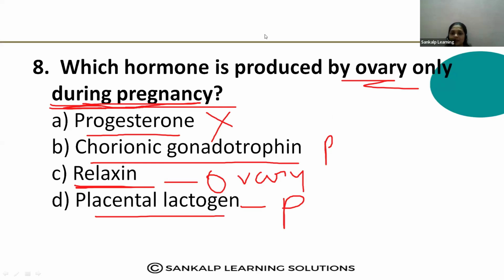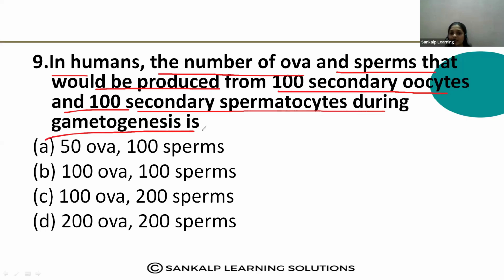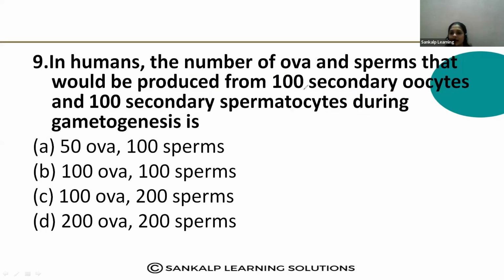Next question. Read the question properly. In humans, the number of ova and sperms that would be produced from the 100 secondary oocytes and 100 secondary spermatocytes during the gametogenesis is. Here, 100 secondary oocytes are there.